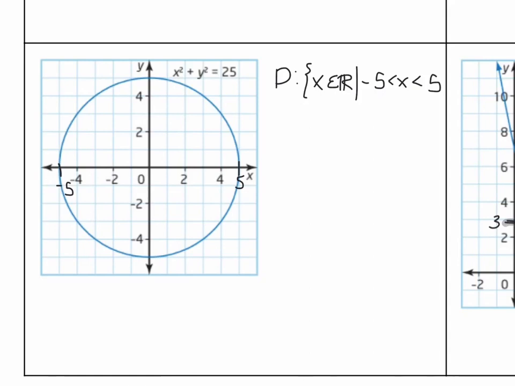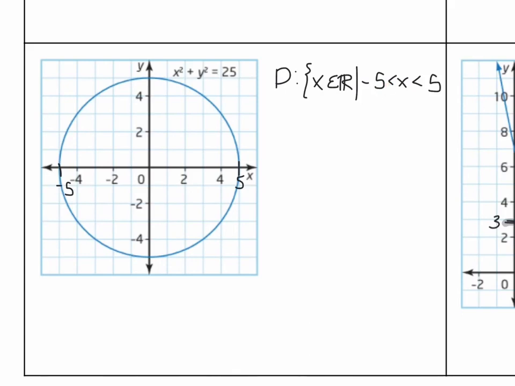So just remember, when x is between two numbers, it has to look like this. The two numbers have to be written on the outside, the smaller one first and the bigger one second, x in the middle, or y if we're talking about the range, and then less than signs. But every time we write an inequality, we always ask ourselves, should there be equal signs here too?